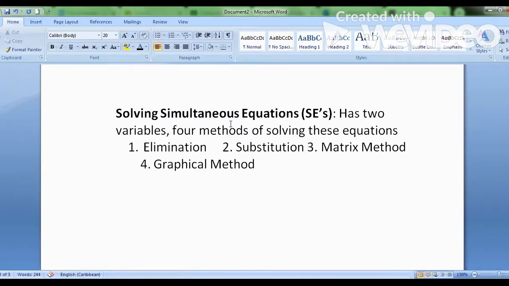We have four ways of solving this: method of elimination, method of substitution, a matrix method, and a graphical method. So, example.